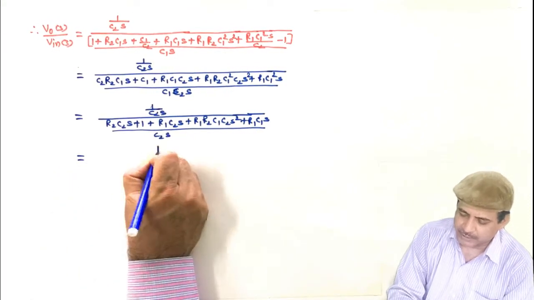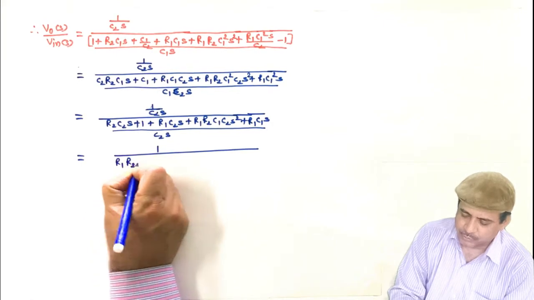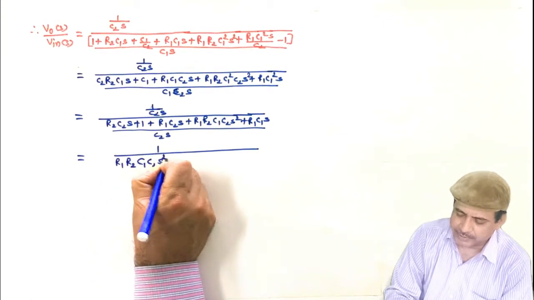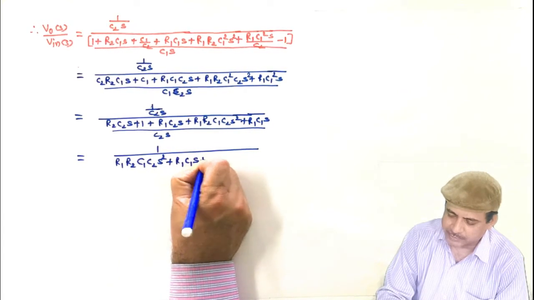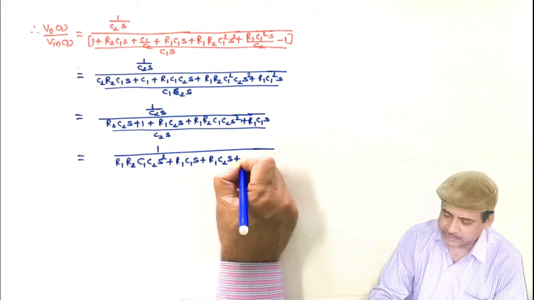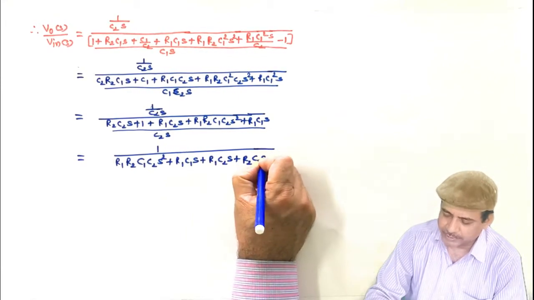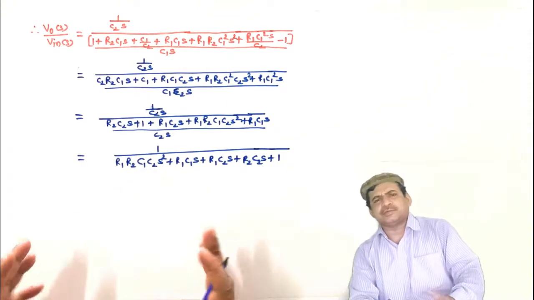So it is 1 by R1 R2 C1 C2 S square plus R1 C1 S plus R1 C2 S plus R2 C2 S plus 1. So this is the transfer function.